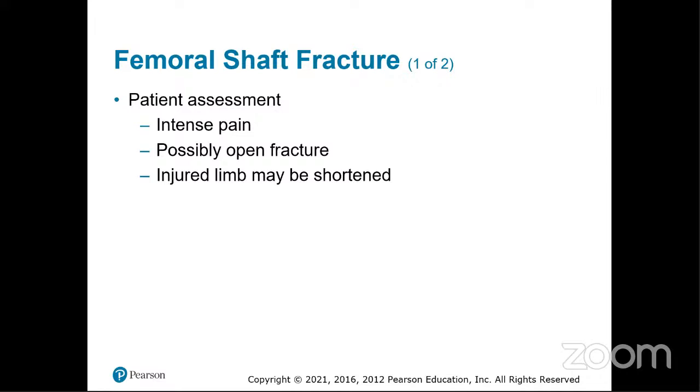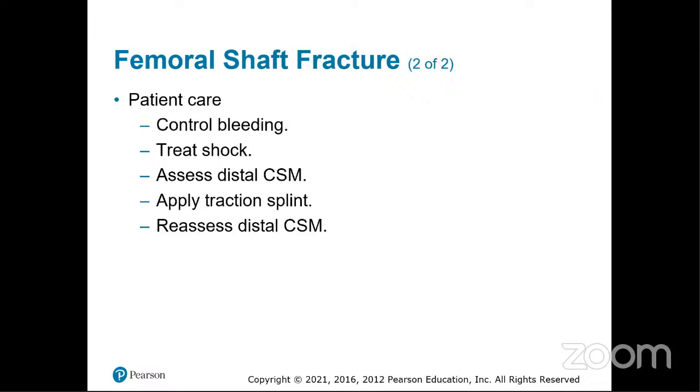It's still going to be painful, but what we want to do is splint it in place, not necessarily a traction splint. If you do light traction, you don't want to pull it and make a complete femur fracture. We want to splint it and try not to move that leg as much as possible, to keep it incomplete and not create a complete fracture.